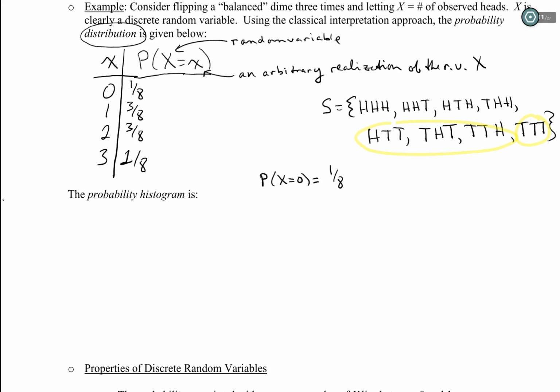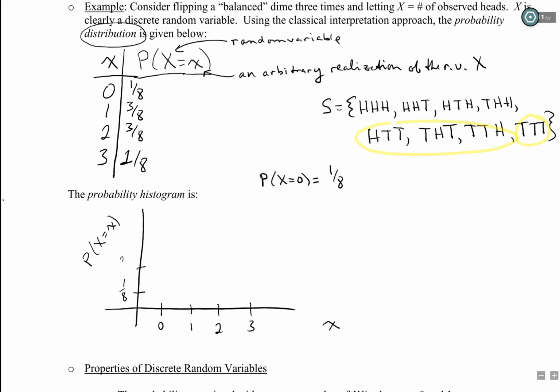Now we can plot this on what's called a probability histogram. It looks like this. I could have a 0, a 1, a 2, or a 3 for X on the horizontal scale. The vertical scale would be the probability that capital X equals little x, starting at 0 and going up to 1/8, 2/8, and then 3/8.